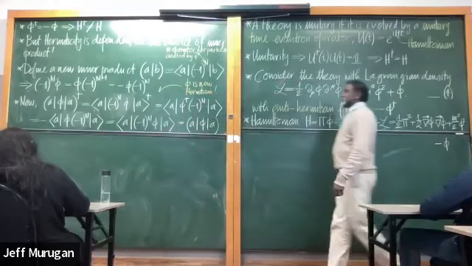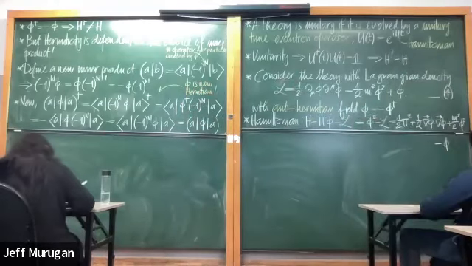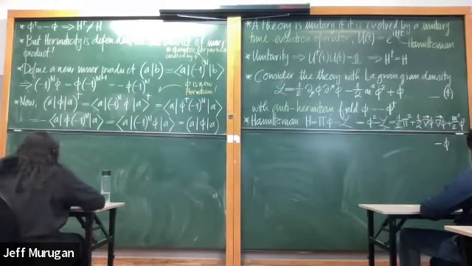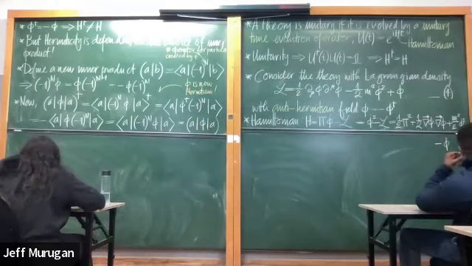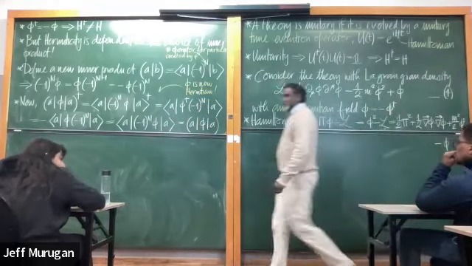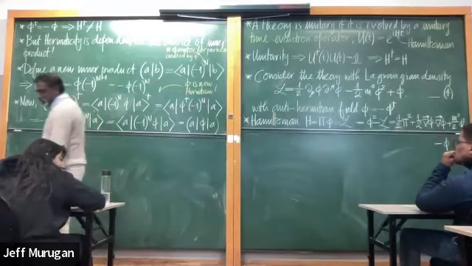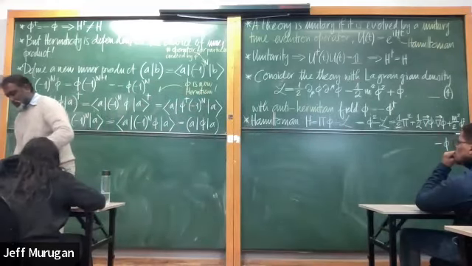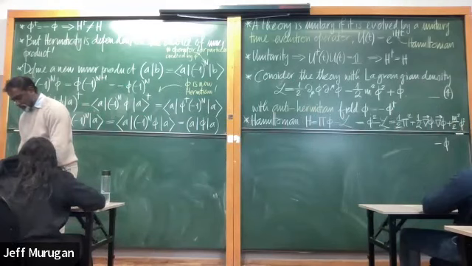And since that was the only obstruction, and you can go through and check that all of the other terms are perfectly fine with respect to the new inner product, our Hamiltonian is now Hermitian. Great. So we've managed to find an inner product that renders the Hamiltonian Hermitian.